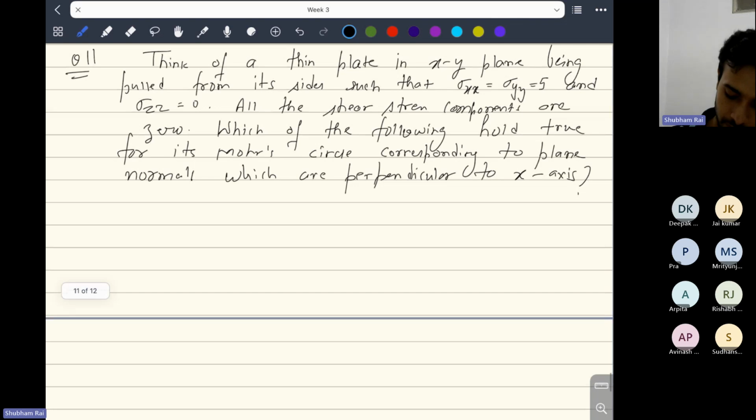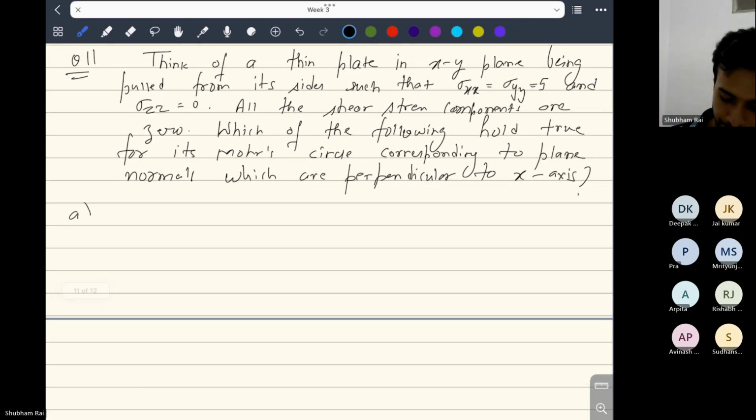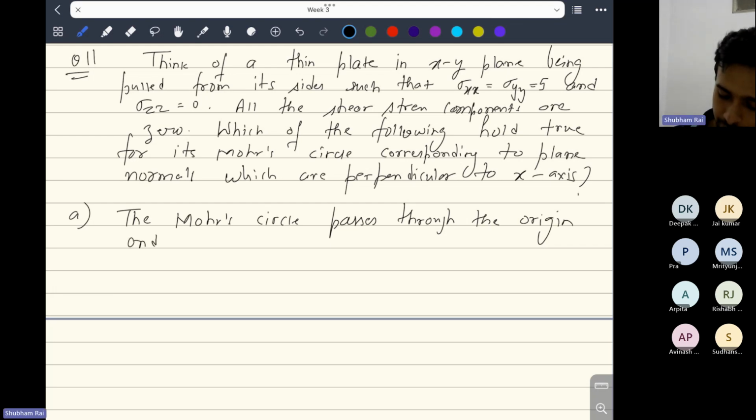So option A says the Mohr circle passes through the origin and its radius is 0.5.